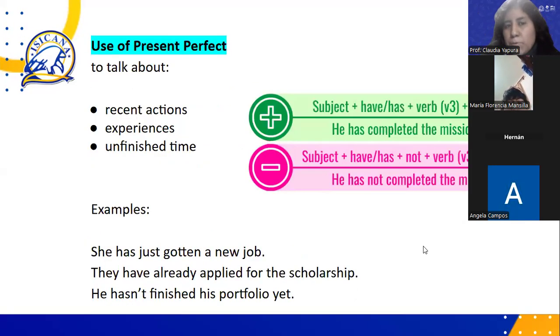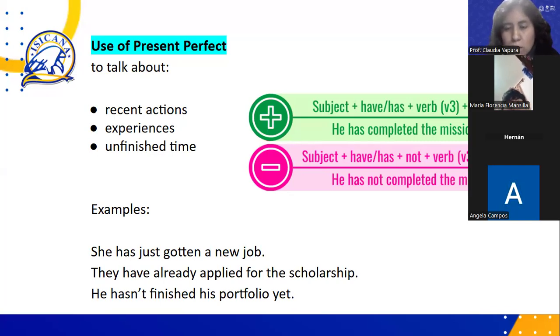We use the present perfect to talk about experiences, recent actions, and unfinished time. When talking about experiences and actions, we don't mention when they happened.